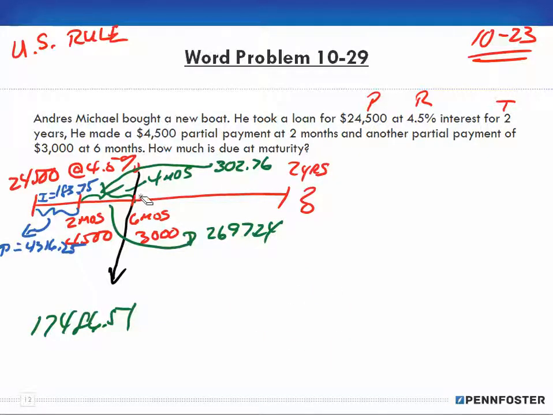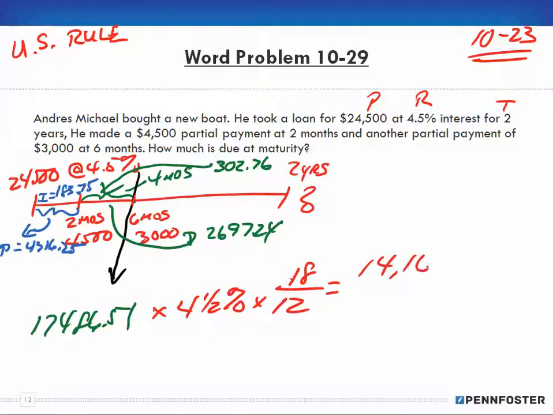Now we're going all the way to maturity, so how much is that? Well, that's 1.5 years or 18 more months. So we have the 17,486.51 times our 4.5% times our 18 months over 12. We do the math on that. 17,486.51 times 0.045 times 18 gives me 14,164.07.